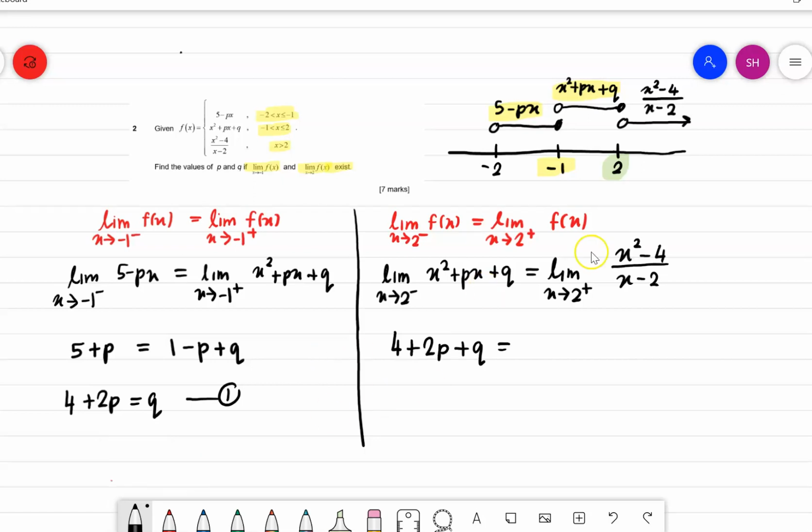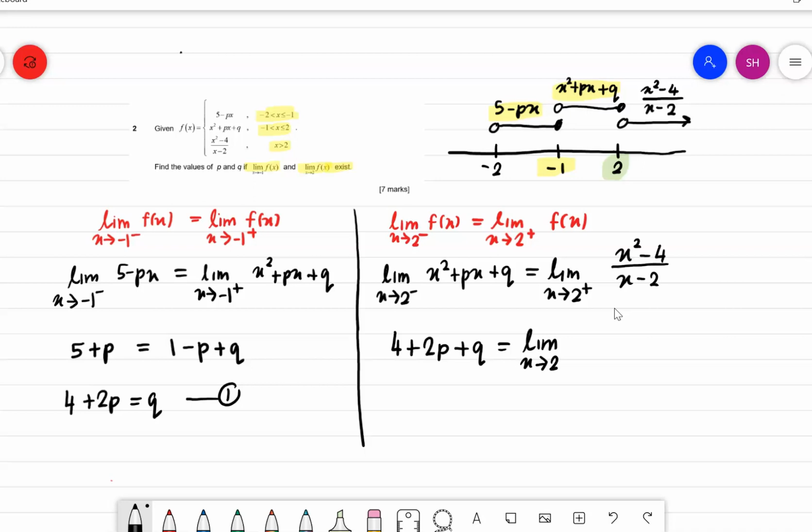Okay, for the right hand side, when we substitute x with 2, you will notice that we will get 0 over 0. So we cannot have 0 over 0. That means we need to factorize lah. Factorize sebab kita dapat 0 per 0 bila kita ganti x dengan 2.